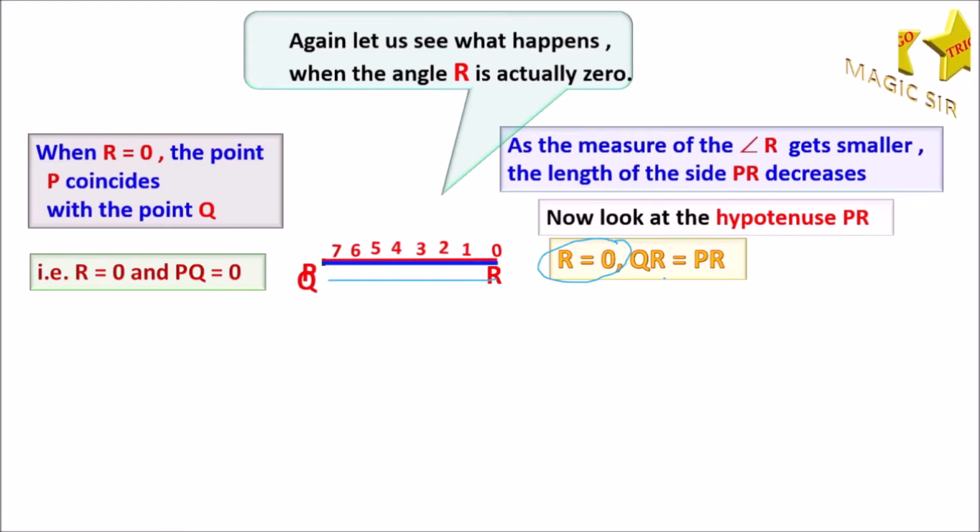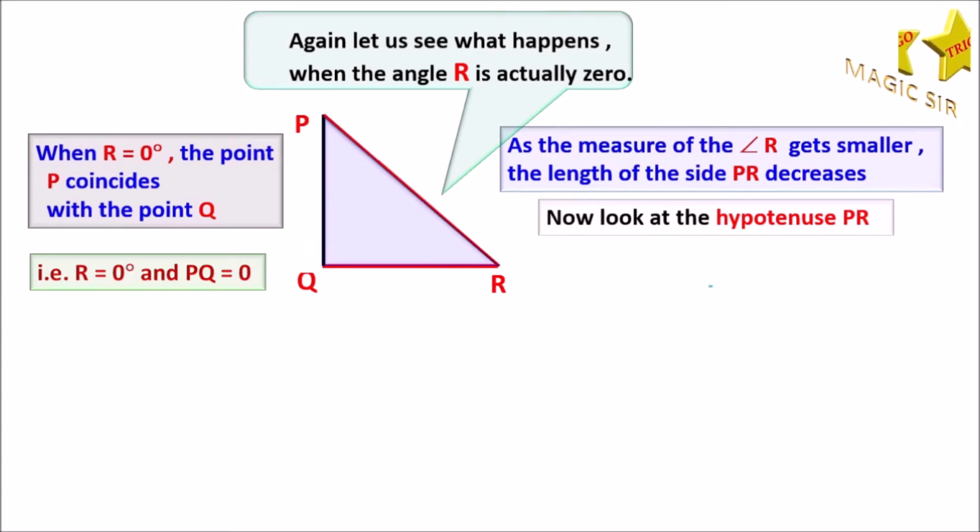But if we imagine that R is not exactly equal to 0, but R is approximately equal to 0, then PQ is approximately equal to 0 and QR is approximately equal to PR. That is, we note that when angle R is very close to 0 degree, PQ is nearly 0 and PR is almost the same as QR.